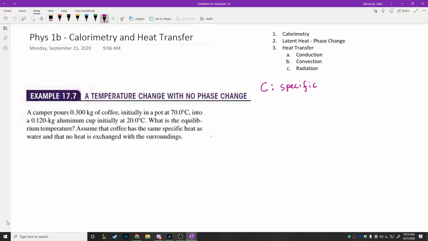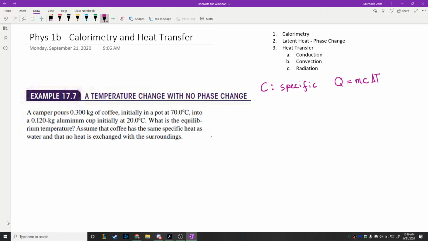And our relationship is that the amount of heat that you need, Q, so Q is heat, is equal to the mass of the substance multiplied by the specific heat, and then multiplied by the temperature change. And this temperature change can be written in Celsius or Kelvin. It doesn't really matter because it's a difference.